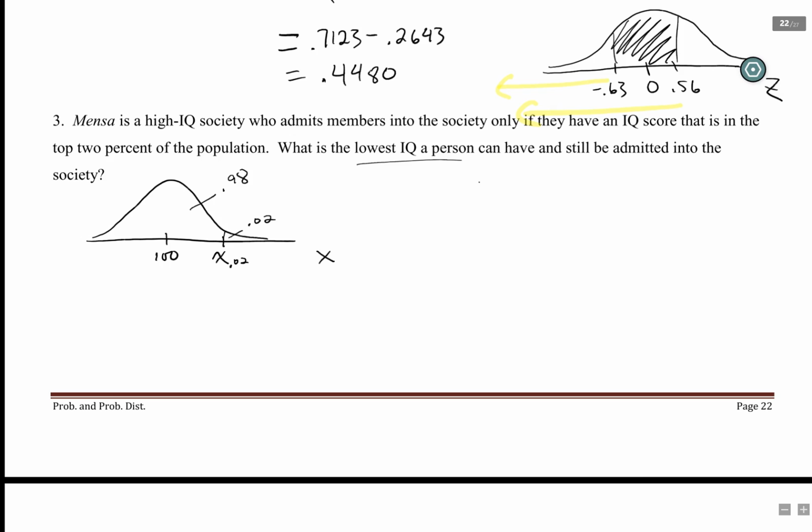Well, how do I get that? I do know that z sub 0.02 is related to x sub 0.02 through the transformation formula, so I can solve for x sub 0.02. If I do a little algebra, I get mu plus z sub 0.02 times sigma.